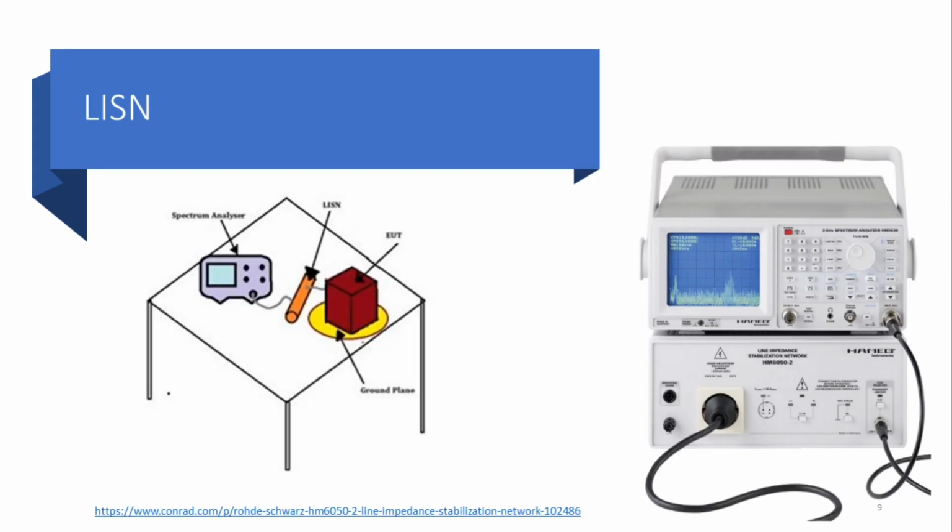So there is an equipment here before you. I have taken it from the site of Rohde and Schwarz. Sorry, it is not Rohde and Schwarz, this is a HEMEG instrument, but the site, if you notice, is Rohde and Schwarz.